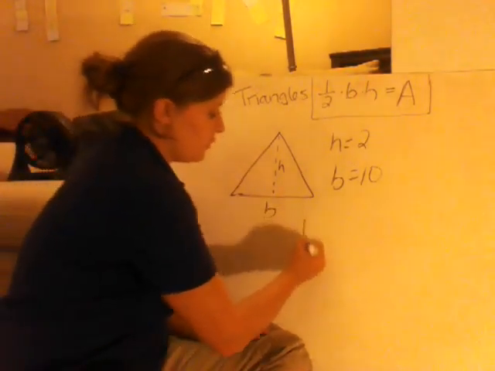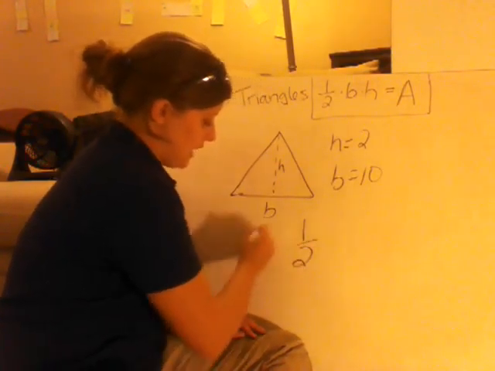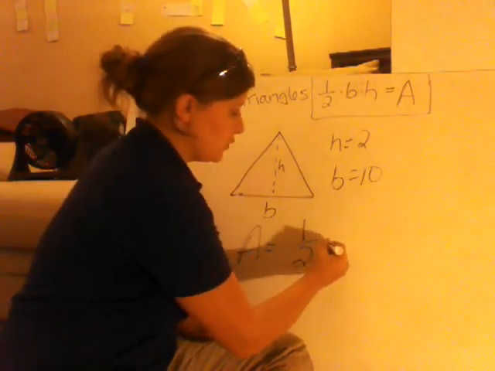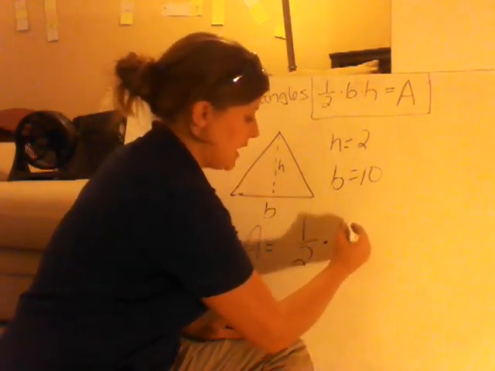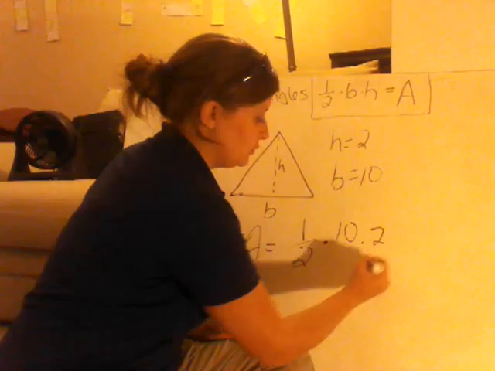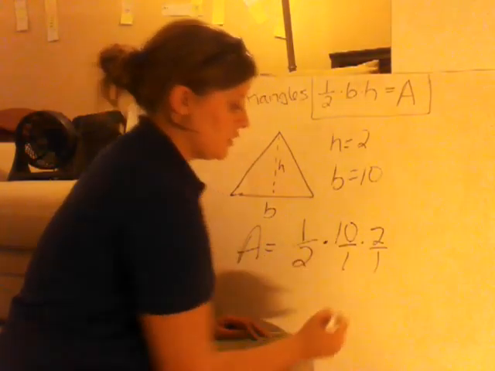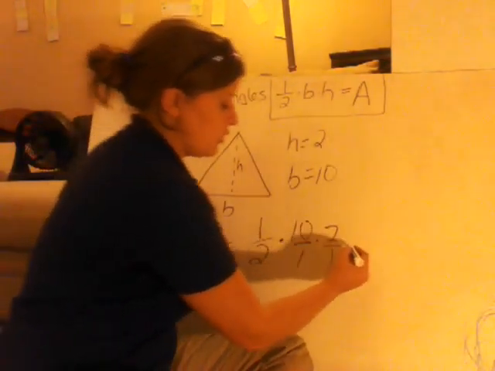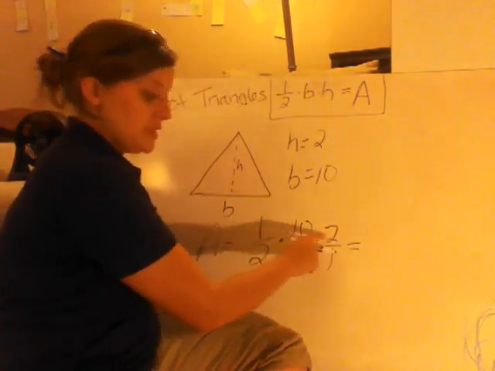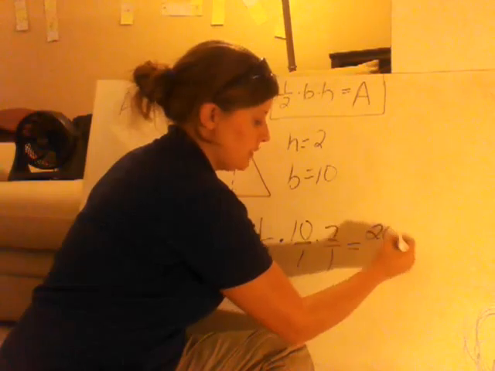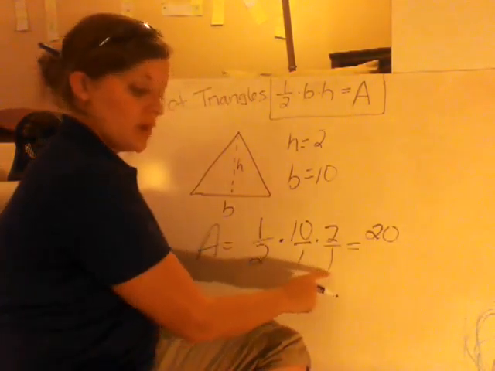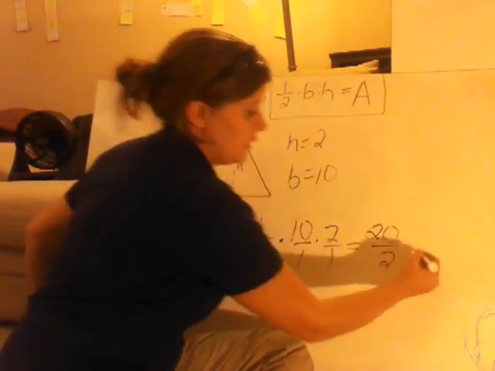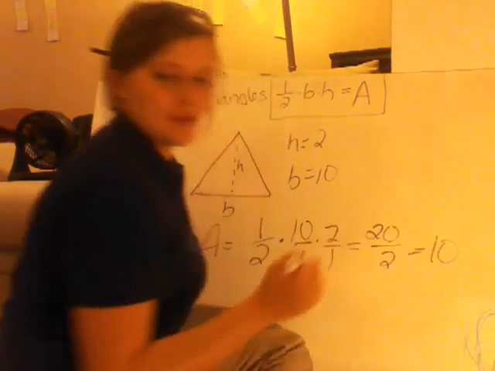I take my formula: area, with a big A, equals 1/2 times 10 times 2. We can put all this over 1 if we wanted to, but we don't have to. I multiply straight across. 1 times 10 times 2 is 20. 2 times 1 times 1 is 2. The answer is 10.